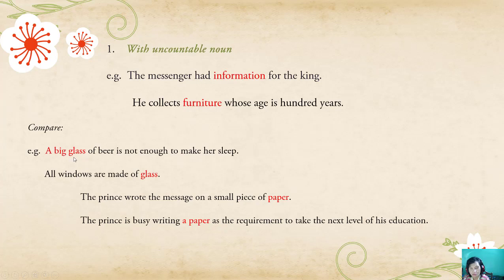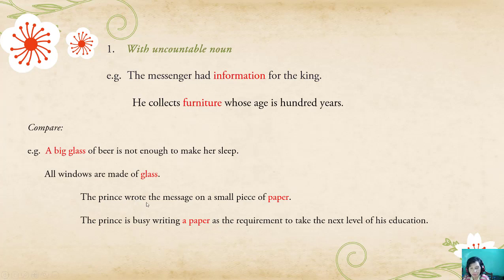A big glass here is a kind of a place that is used for drinking, or we pour a liquid into. That is a kind of tool. But glass, all windows are made of glass. Glass is material. Look at the second.